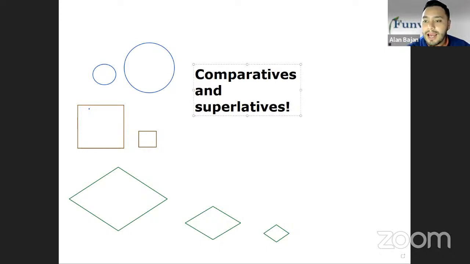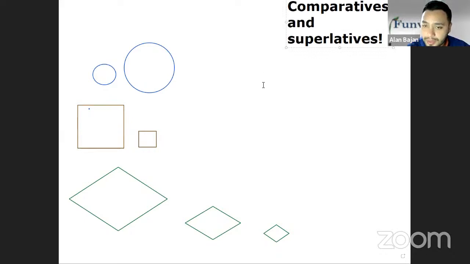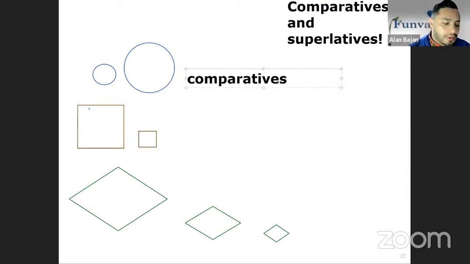When I have two options to compare, I use comparatives. And I build them adding an E and an R at the end of the adjective.